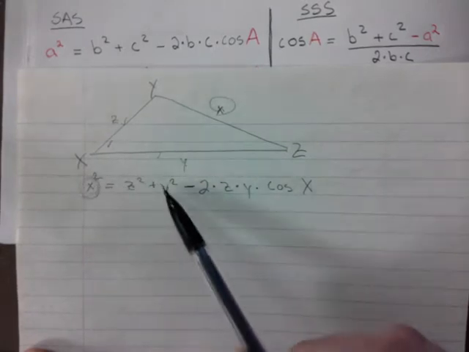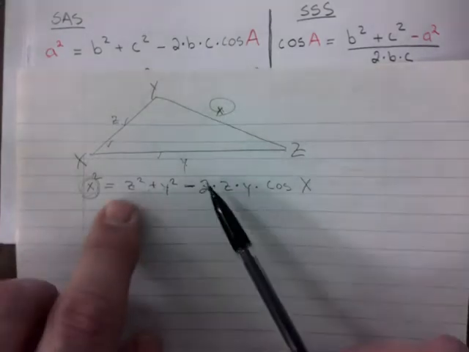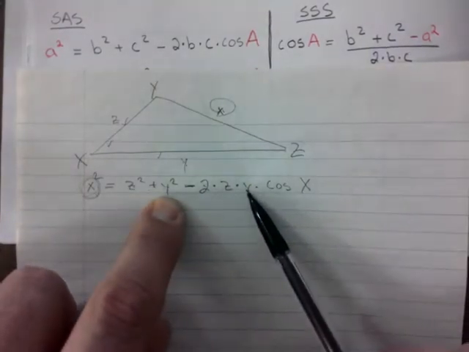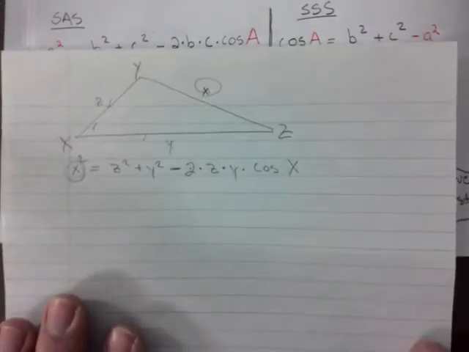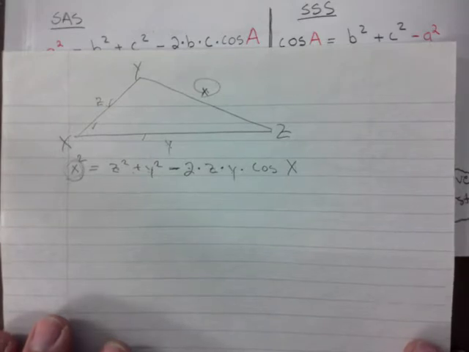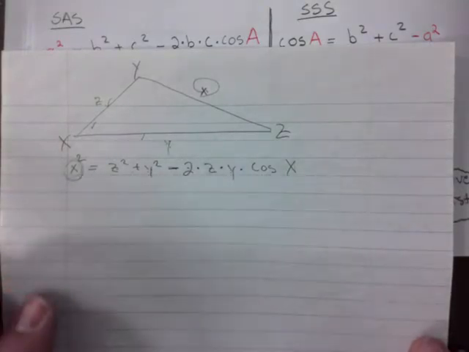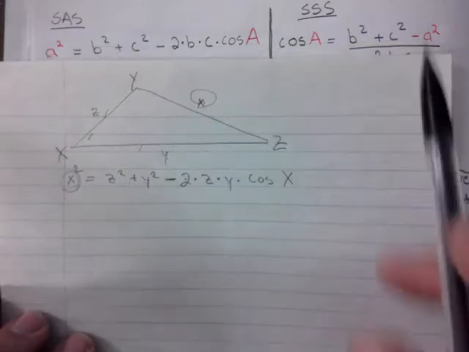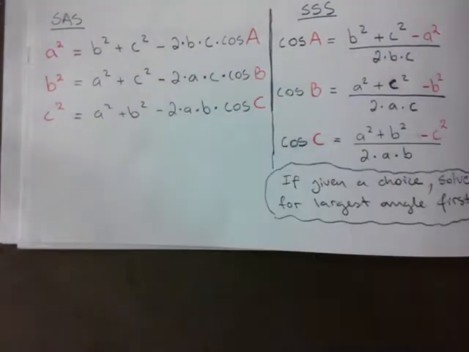And then it's the other two sides squared and added, minus 2 times the first side, the second side, times cosine of x. Right? So that is the pattern I want you to observe. And that's what we're going to spend a little bit of time on right now. And then later we're going to do the side a bit more. So we're going to do both today.